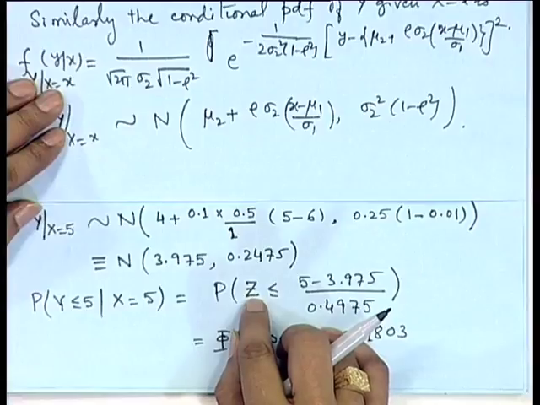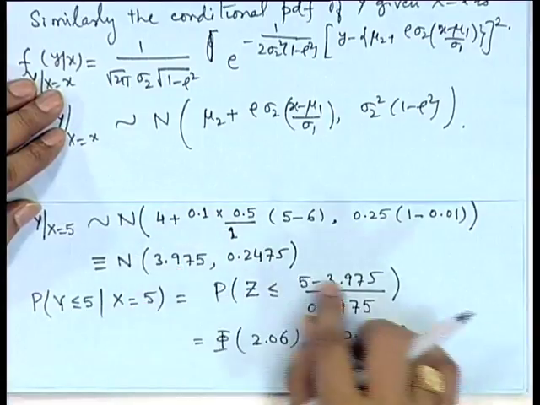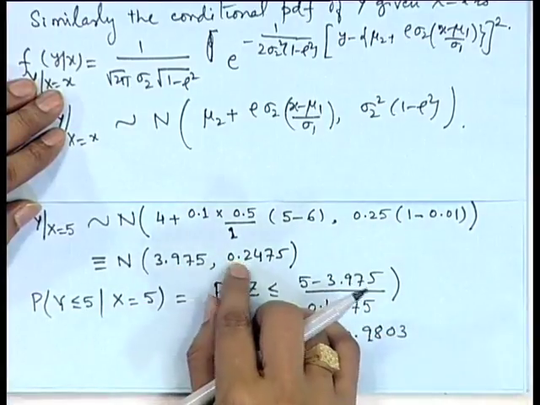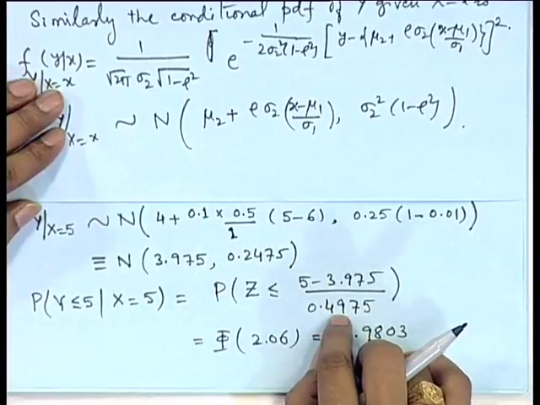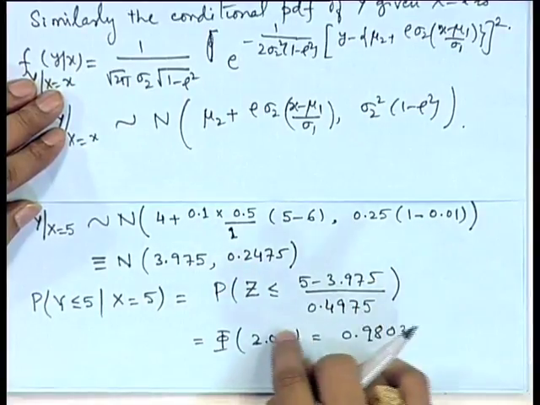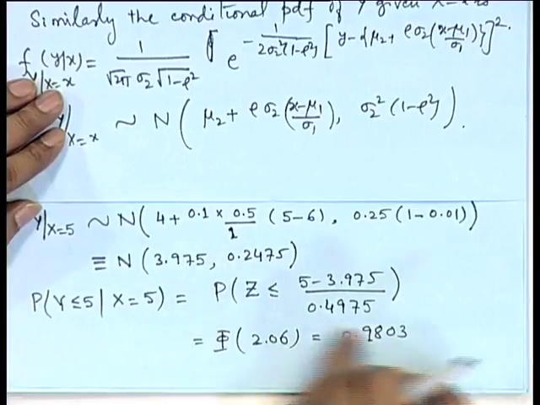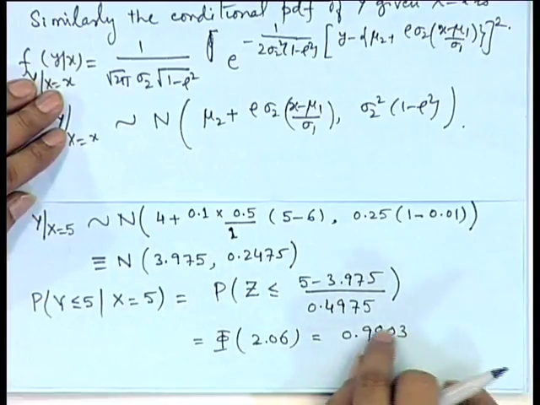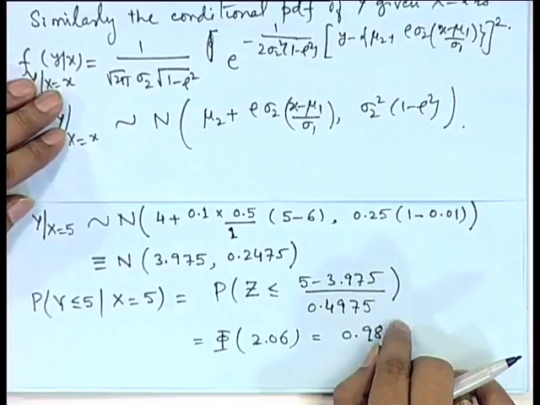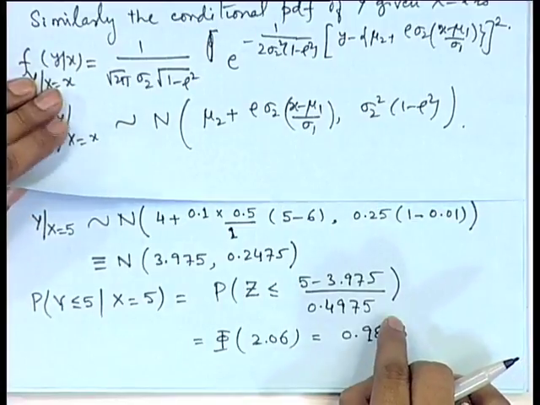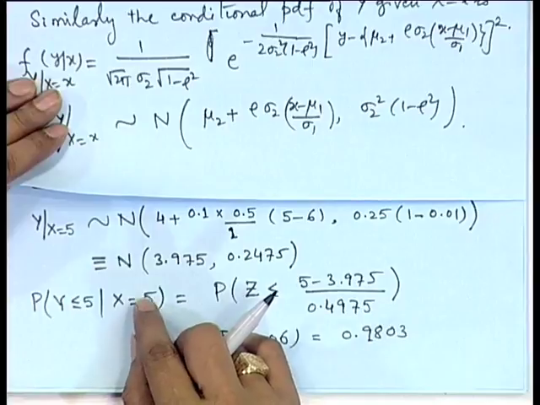So, it is z less than or equal to (5 minus 3.975) divided by square root of 0.2475. After simplification it turns out to be phi of 2.06, which is 0.9803, which is quite a high probability, but that is understandable because in January there is more rain.